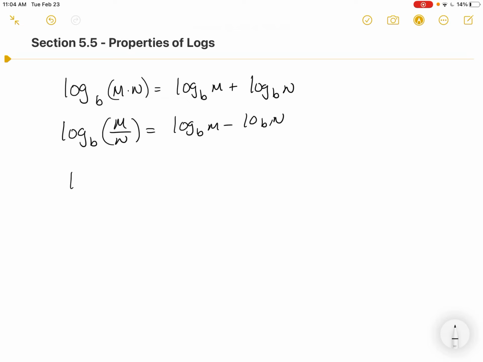And we even have log base b of m raised to the r power as r times log base b of m. Those are the three main properties of logs that are used a lot in order to rewrite things so that they're more easily handled in the situation.